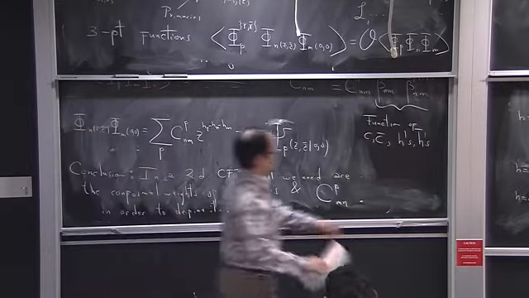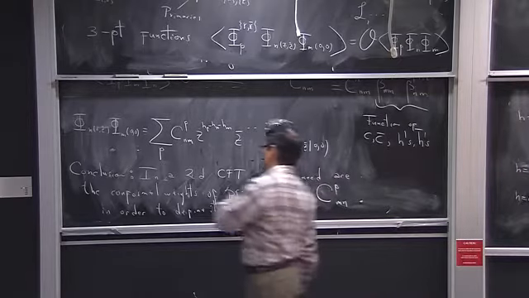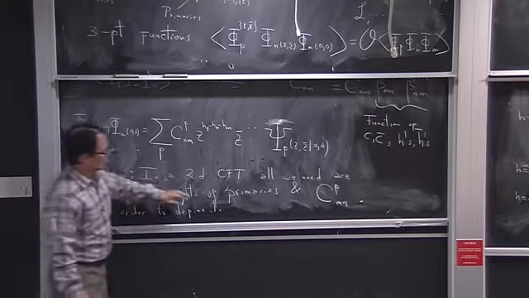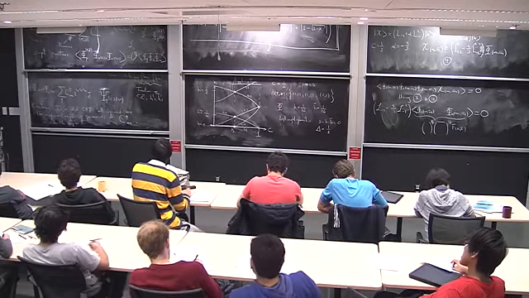Okay, so for our simplest model here, we already have the conformal dimensions. So according to this definition, all we have to do is to compute the structure constants.